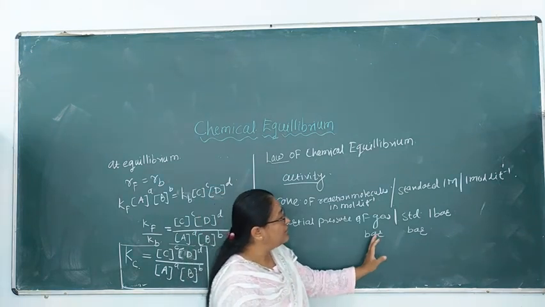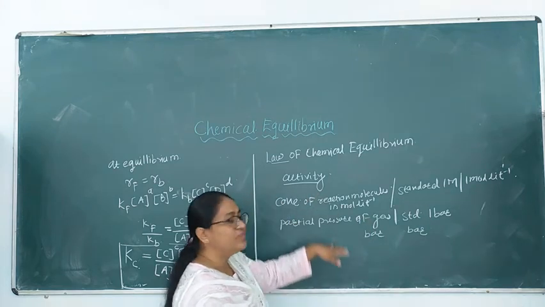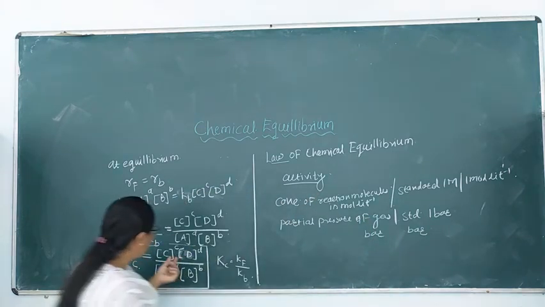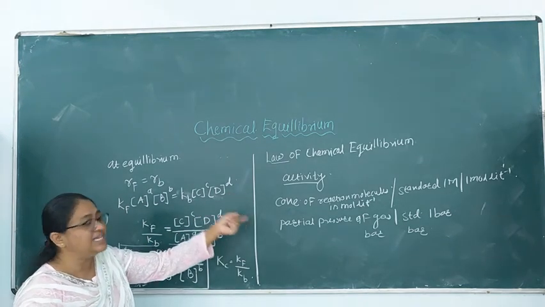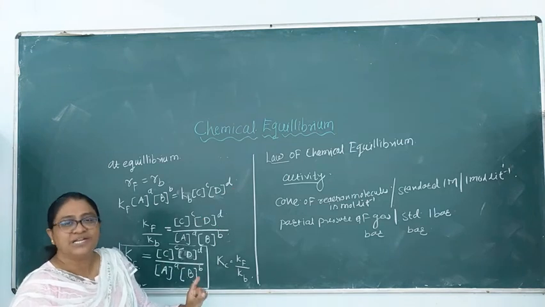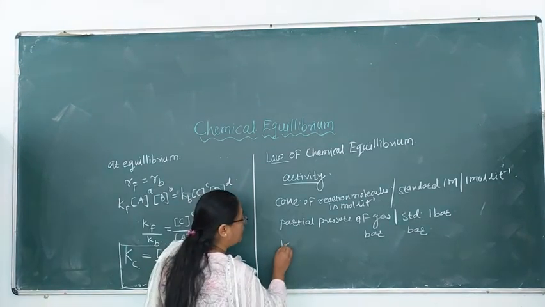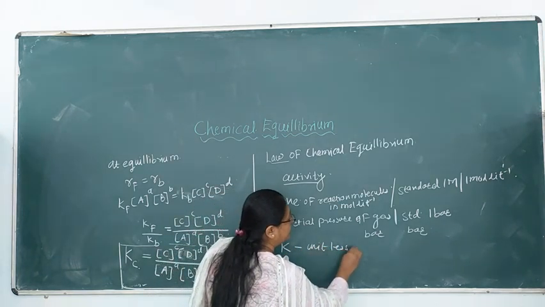Here also both pressure units cancel, hence the activity of gases is also unitless. So the concentrations are substituted with activities, and as the activities are unitless, the equilibrium constant is also unitless.